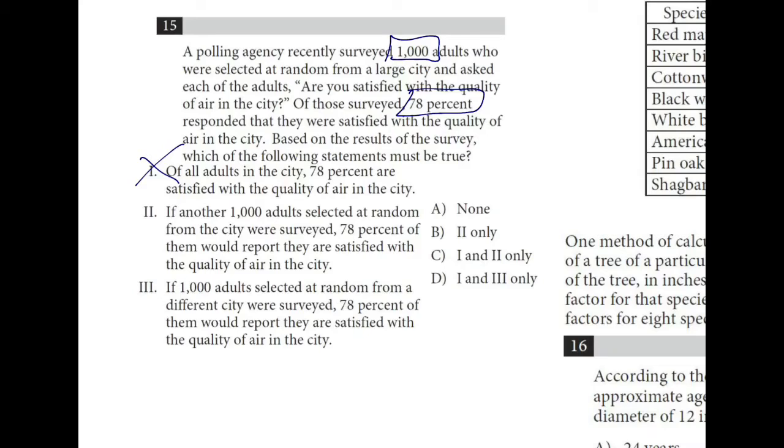We don't know for sure that 78% are satisfied. We can predict about 78%. Statement number 2, if we chose another 1,000 adults, we might have a slightly different answer. It's not guaranteed to be 78% again. And finally, definitely from a different city, that 78% has absolutely no relevance. That's why A, none, was the best answer.